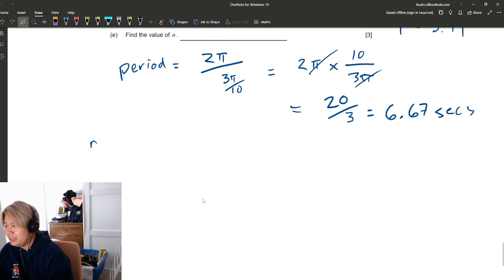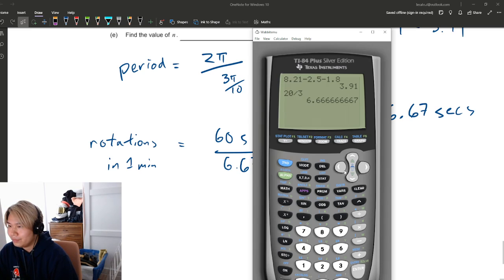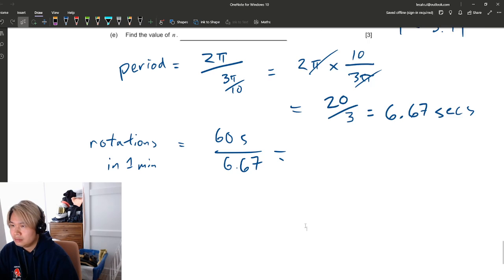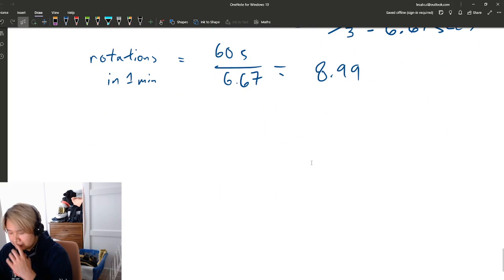Okay, so rotations. Well, in 1 minute, that's 60 seconds. So we now divide by how many seconds it takes to rotate. So 60 divided by 6.67 is 8.99.